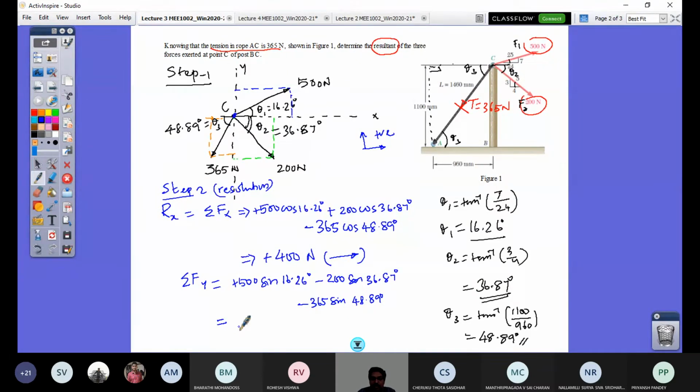So that's going to be minus 255, correct. So minus 255.01 Newton. So let us neglect that. So when you look at this minus sign, the convention is if I would have got a positive sign, then upward direction, but it is a minus sign. So I can rewrite this as 255 Newton force acting down.